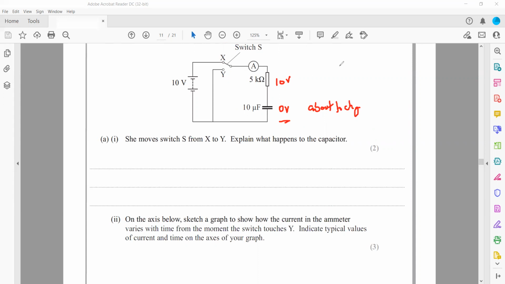That will give us the maximum current. We have the formula V equals IR, so I equals V divided by R. The voltage is 10 and the resistance is 5 kilo-ohm, or 5000. So the zeros cancel: it is 1 divided by 500. This will give us the maximum current, which is about 2 milliampere.